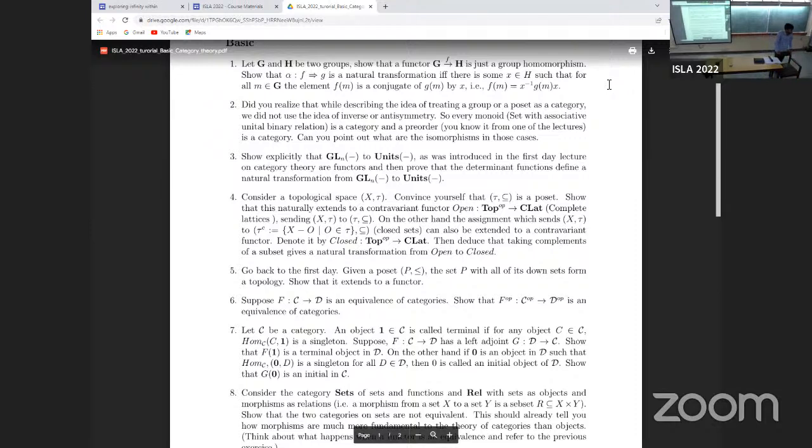You just go through them, whichever you find easy, you solve them. As I said, this division of basic and hard is not really concrete. Hard questions are there in the basic section maybe, but just try whichever you can do. Most of them, you can solve by one or two unravelings of definitions.